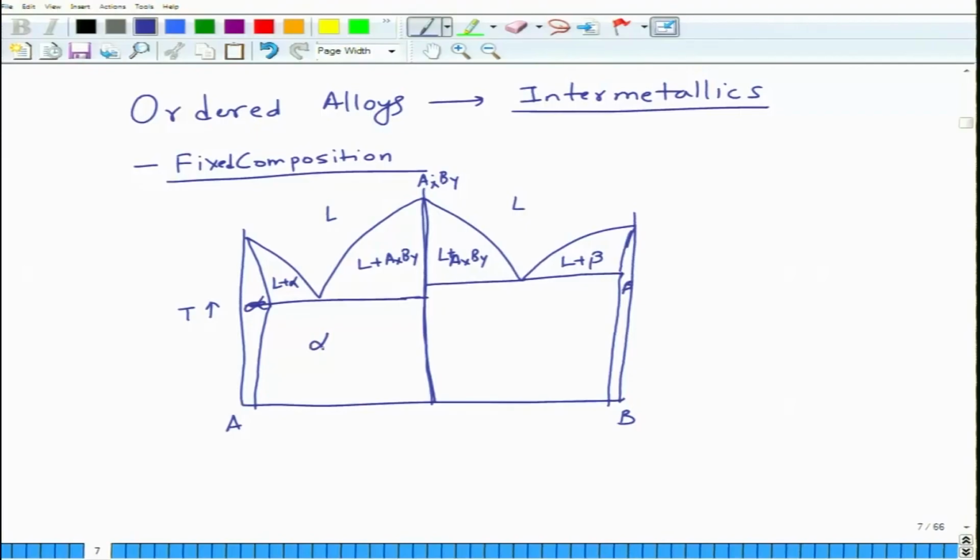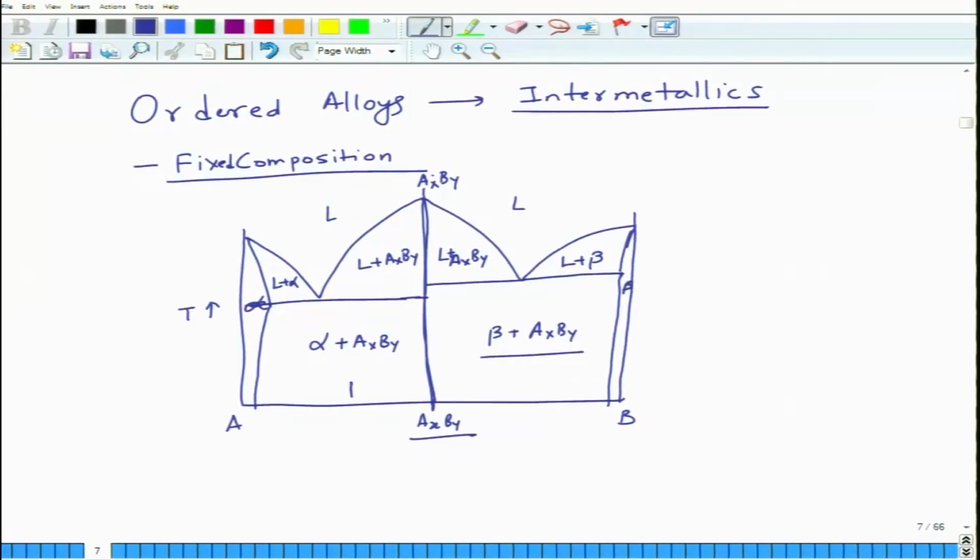On this side you have alpha plus AXBY, here you have beta plus AXBY. So you can see that at this particular composition, which is let us say AXBY, you have a fixed composition.